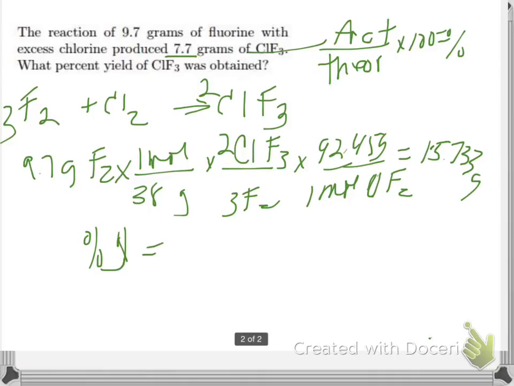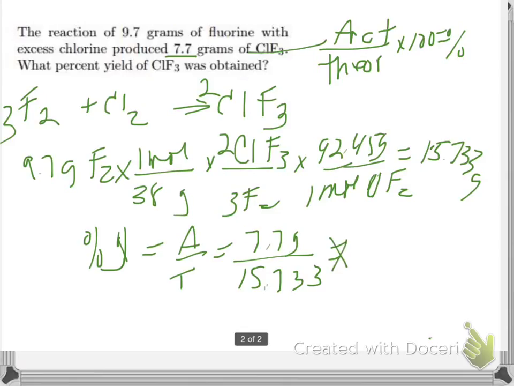So my percent yield is going to be my actual over my theoretical. So that's going to be my actual. What I got was what they told me, 7.7 grams. And the theoretical that comes from my stoichiometry is 15.733. And if I take that answer and multiply it times 100, what I get is 48.94% yield.